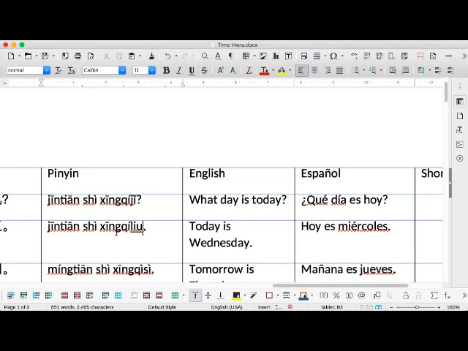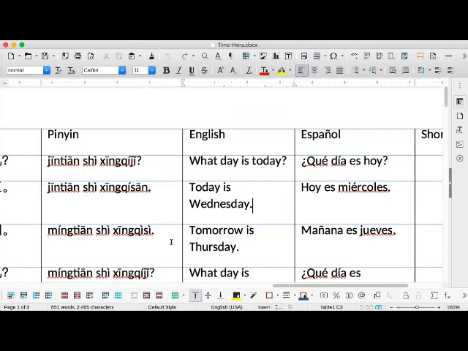Today, 星期六。 Very good. Okay. 今天是, so we start with day, then week.